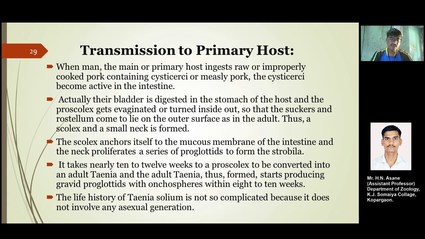It takes nearly 10 to 12 weeks for the proscolex to be converted into the adult Taenia.